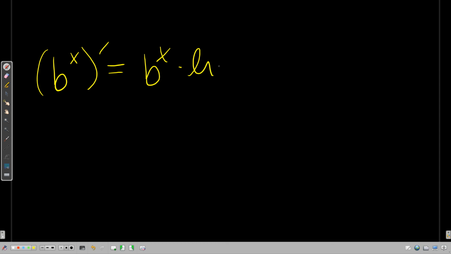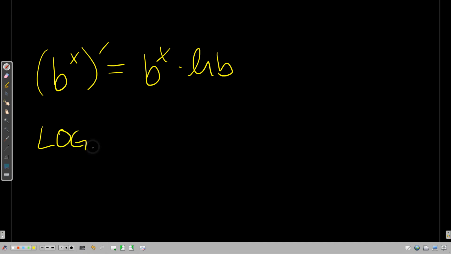Okay, so the takeaway here was: b to the x has a derivative that looks every bit the same as taking a derivative of e to the x, but you multiply by natural log of b.